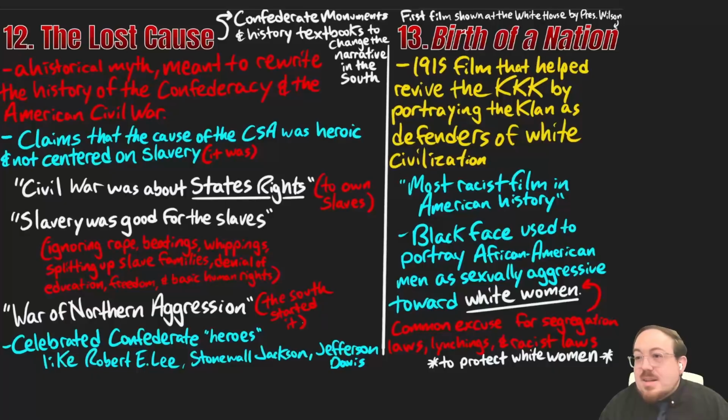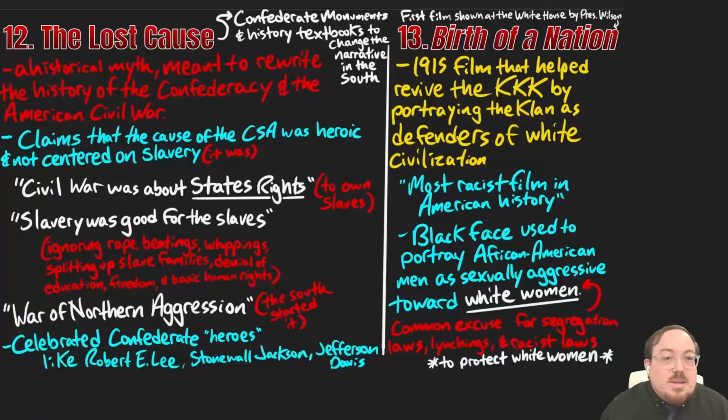So some of the main things that the Lost Cause will push is the idea that the Civil War was about states' rights and not about slavery, which of course is not true. It was about whether or not they should be able to have slaves, and they were willing to break up the Union and found their own country in order to maintain slavery.